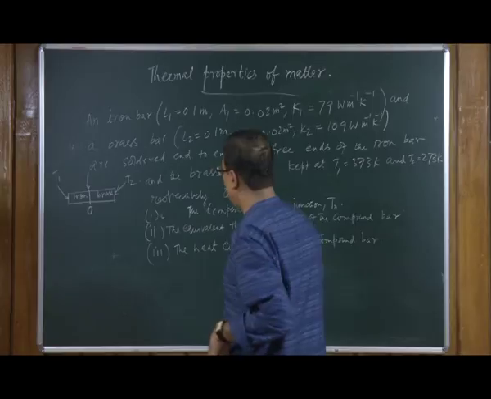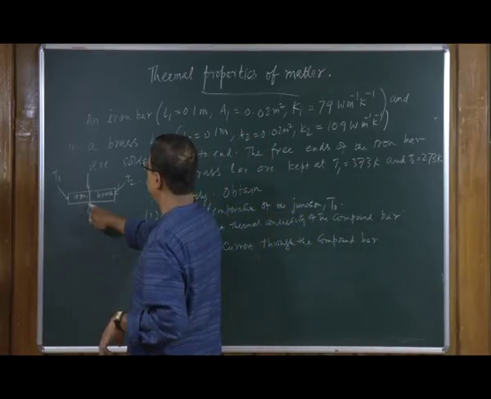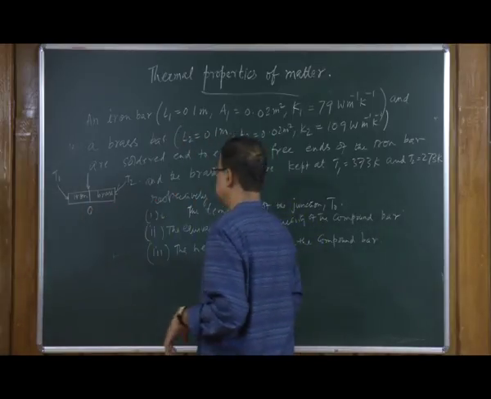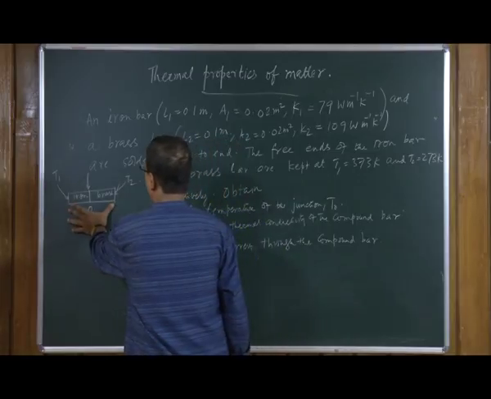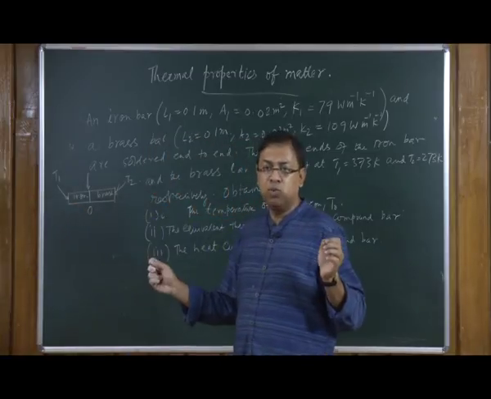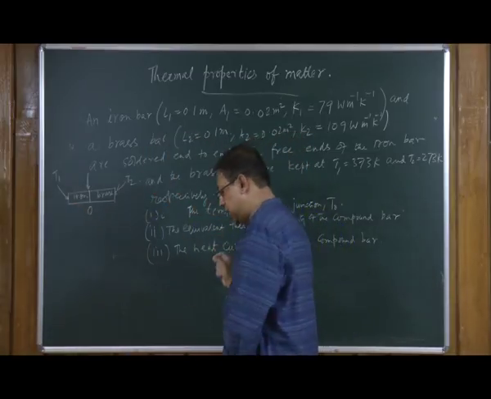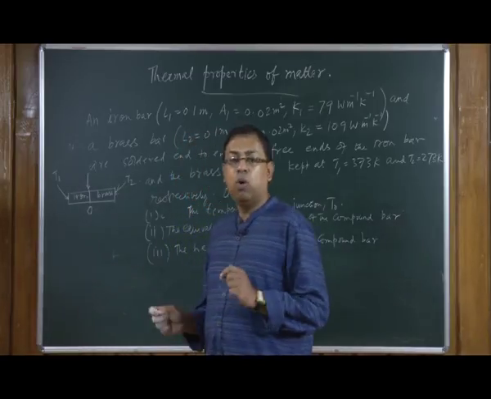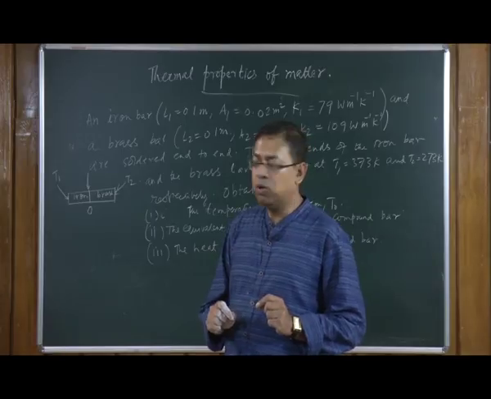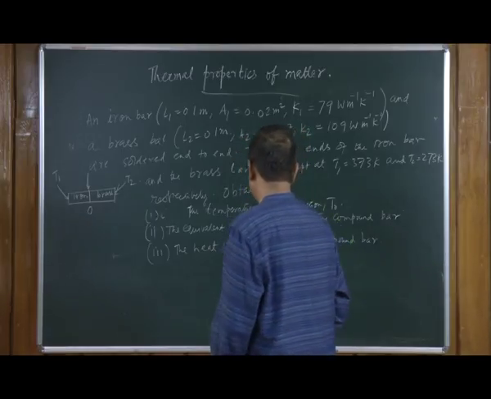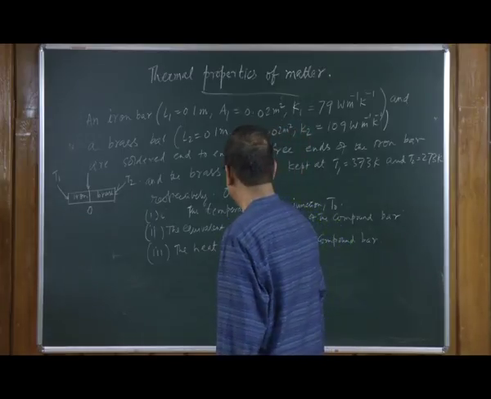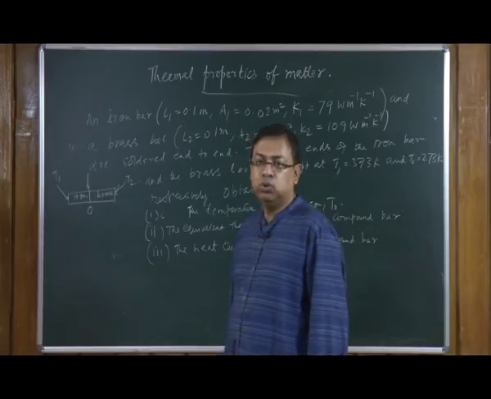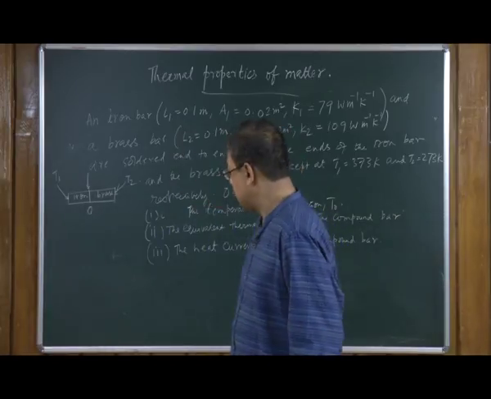The question is, what is the temperature at the junction? Second, if I call this one bar without talking of two bars, if it is a compound bar, what is the thermal conductivity of the compound bar? And third, what is the heat current that flows through the compound bar?